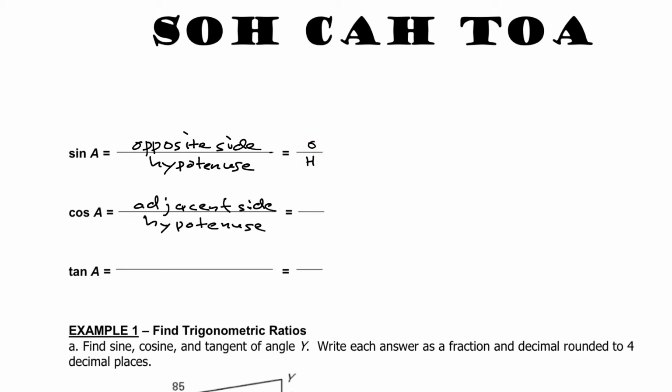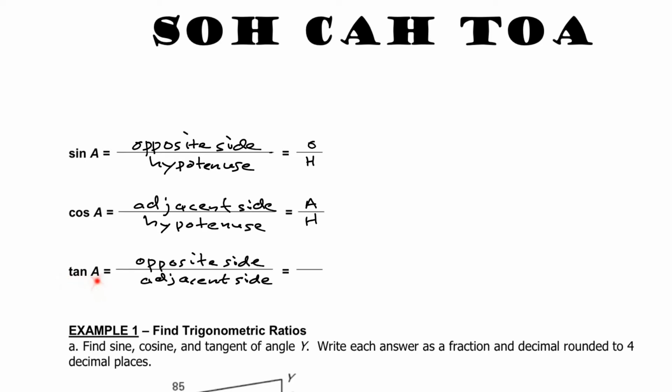For the cosine of angle A, the ratio is the length of the side adjacent to angle A divided by the length of the hypotenuse. So for that one, we write A over H, which stands for adjacent over hypotenuse.